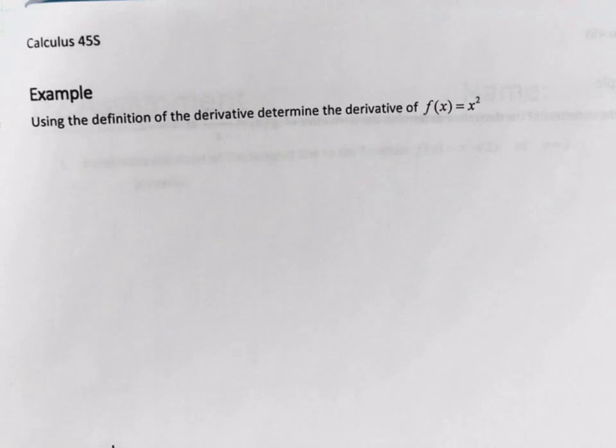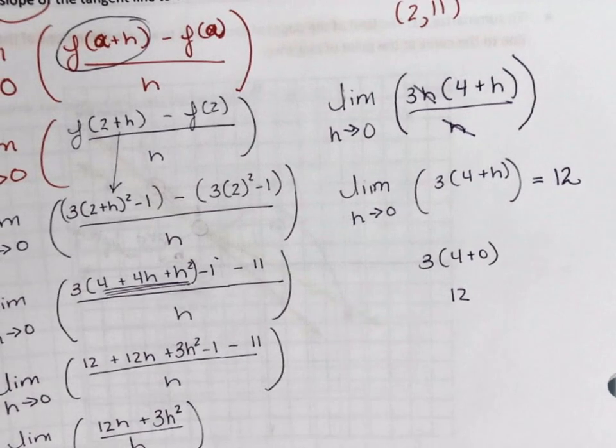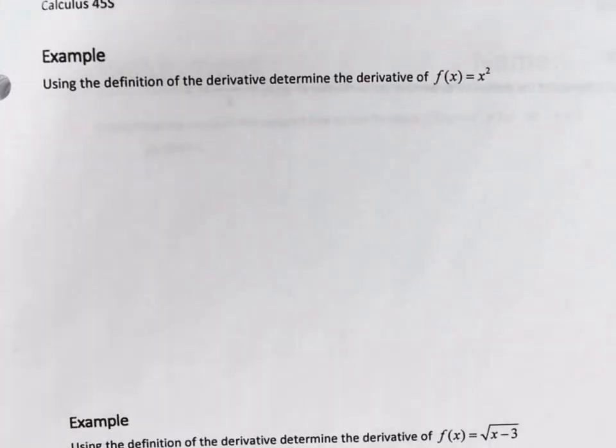Notice I didn't give you a point of tangency. So no point of tangency was given, so essentially we're doing it for all values. And so what's going to end up happening here is we're not going to get a number like the first question that we did. Here we got a nice 12, easy peasy, we have a specific point of tangency. This is almost like a general solution or creating an equation for your first level derivative.